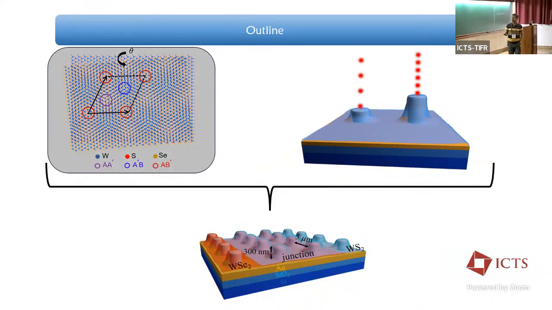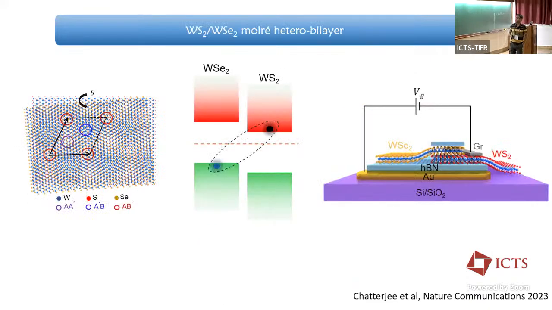So let me start with the excitons in these heterobilayers. I'm not introducing Moire here, since it has been talked about multiple times in this conference. There are these potential wells, and they are potential wells for excitons because I'm really talking about the modulation in the band gap of the material, more specifically the interlayer gap, that changes in a periodic manner depending on the atomic registry.